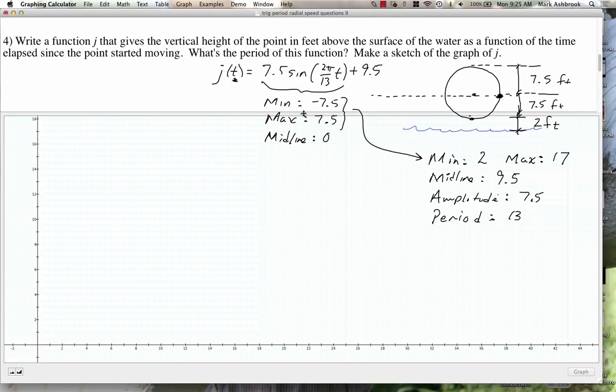Okay, so here's how we sketch graphs. You get your min value first. The min is 2. So down here at 2. The max is 17.